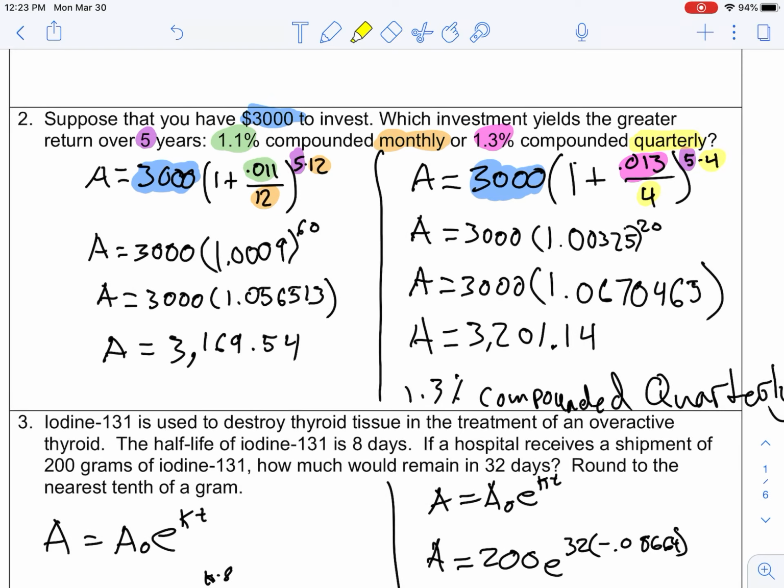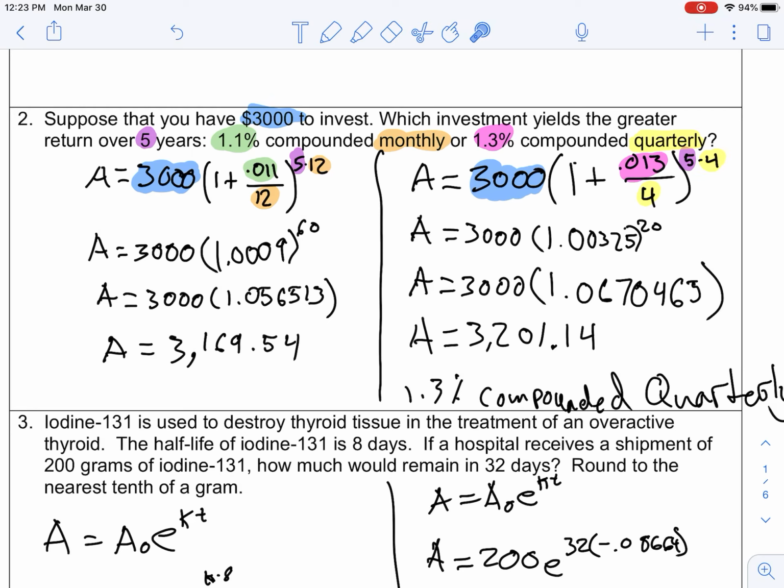And then we follow the same kind of process, order of operations. I did inside my parentheses. I did division here and then added it to 1. I was also able to multiply these to get 60. So 1.0009 to the 60th power. When I raised that, this was kind of my rounded decimal there. And then I multiplied that with 3,000 to get this value.